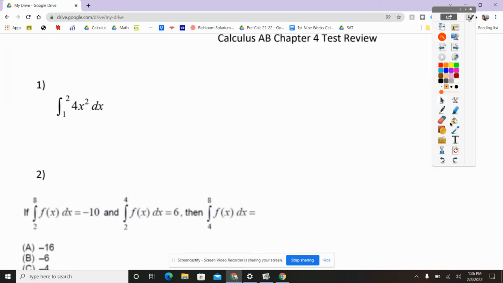All right, so number one is just like one that you would not have a calculator for. This is one you'd be expected to do by hand. So for finding the antiderivative here, you're going to end up with 4x to the third over 3. And that's going to be evaluated from 1 to 2.